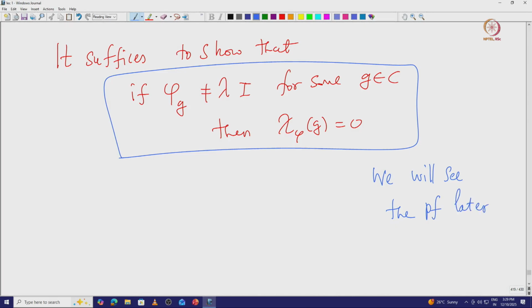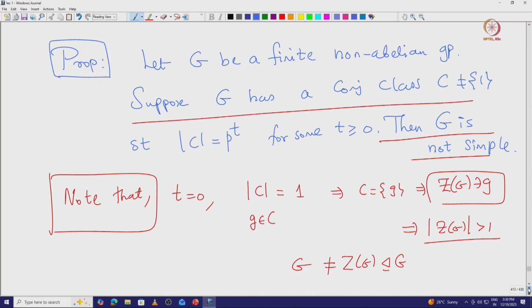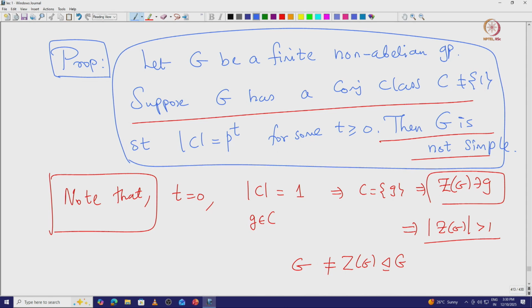First, what I am going to do is prove the proposition that I promised before, using this theorem. Later we will actually prove the theorem. Okay.